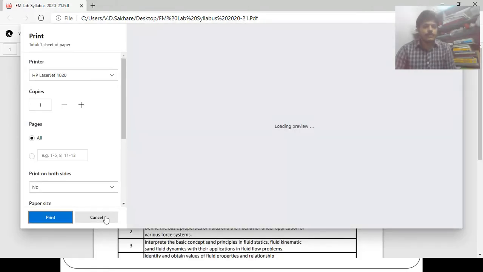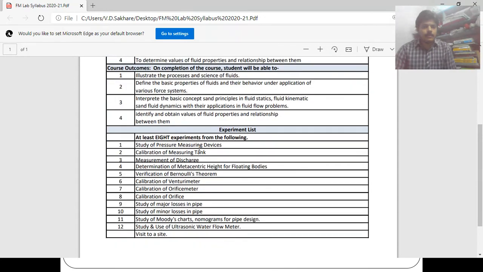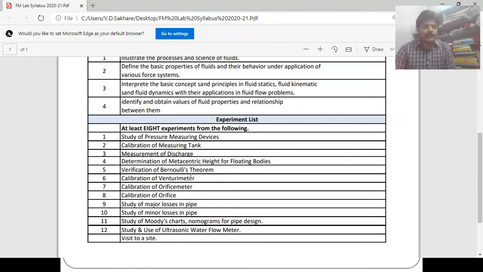A total of 12 experiments are involved, covering study of pressure measuring devices, calibration of measuring tank, measurement of discharge, determination of metacentric height for floating bodies, verification of Bernoulli's theorem, calibration of venturi meter, orifice meter and orifice, study of major and minor losses when the fluid is flowing through a pipe, study of Moody chart, nomograms for pipe design, study and use of ultrasonic water flow meter.